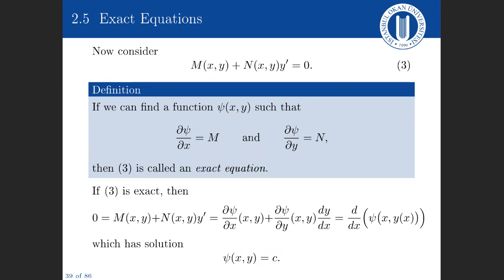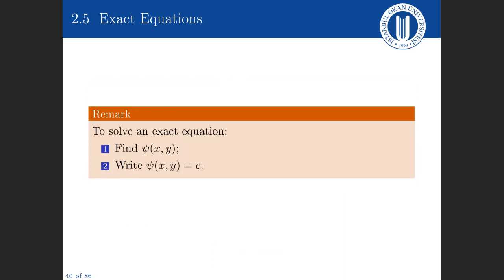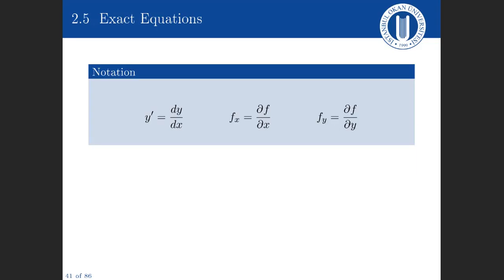How do we find this special function psi? To solve an exact equation, step 1, find the special function psi. Step 2, write psi is equal to a constant. Before I go on, I need notation.